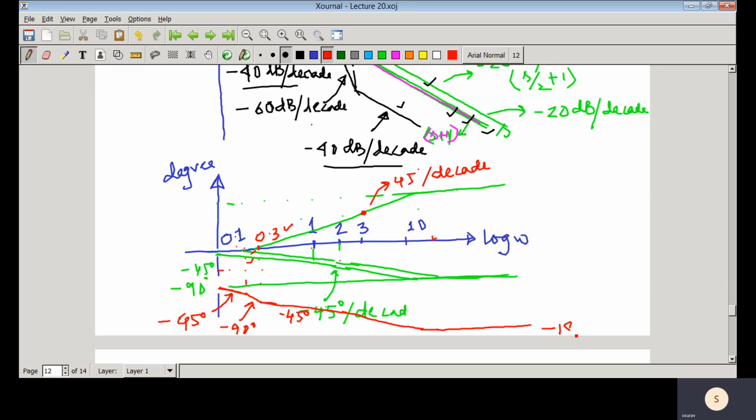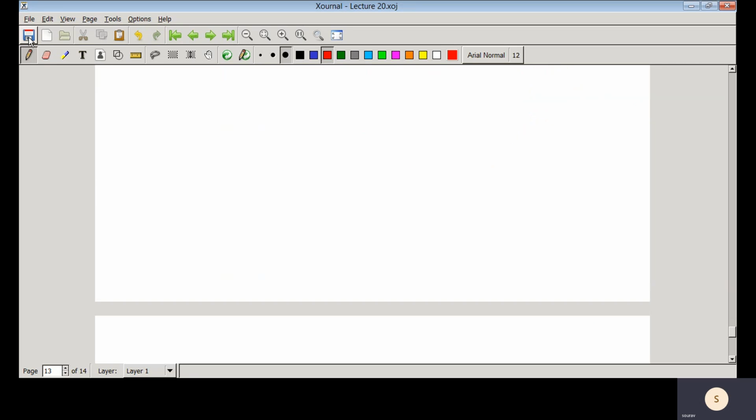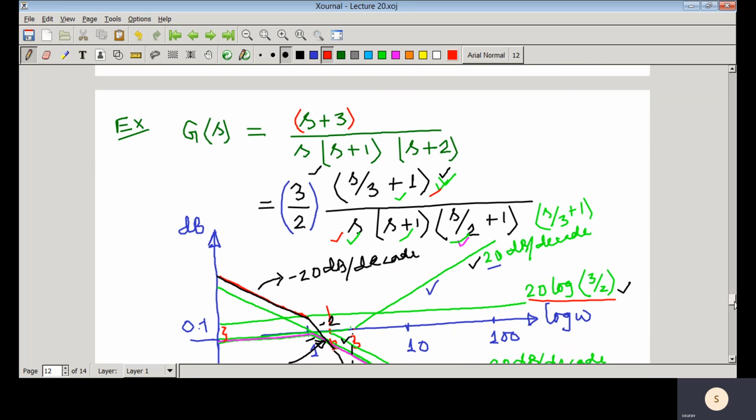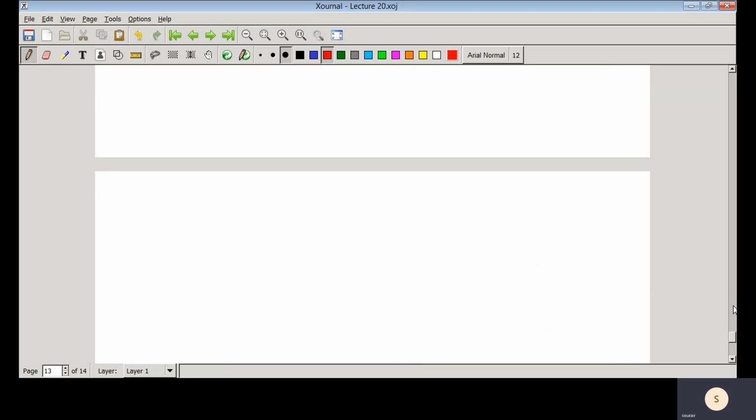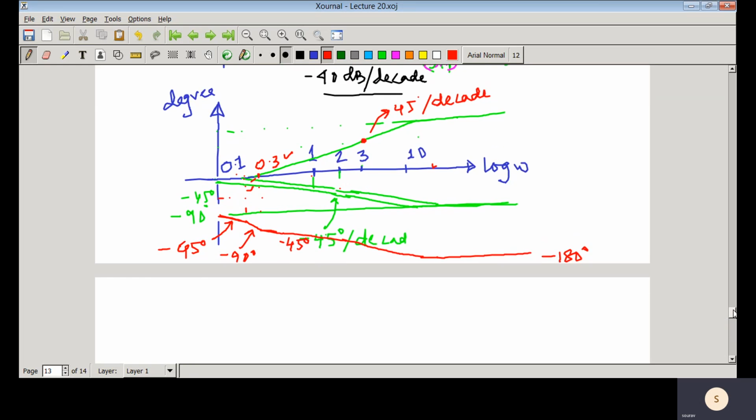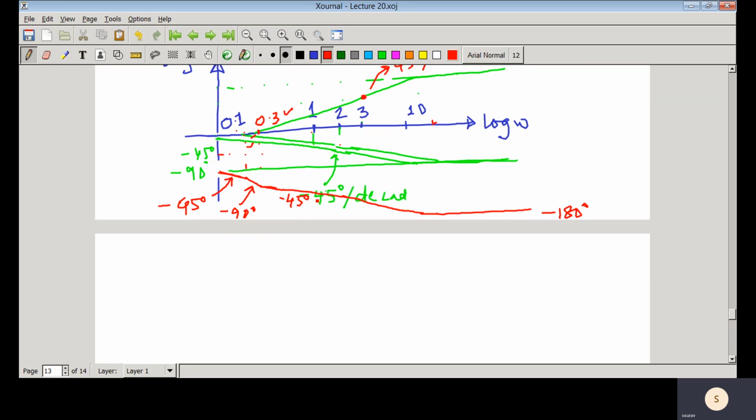From this transfer function you can see that at high frequency this will contribute 90 degree and this one will contribute minus 90 degree. So this one is 90, so minus 90 means minus 180 degree. So at high frequency it will go to minus 180 degree. So do not forget to mention that slope.